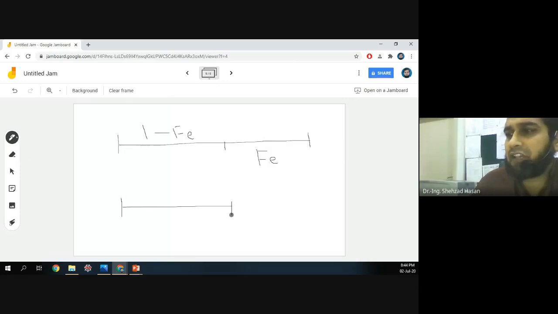However, the 1 minus FE is not going to be reduced, but the other part is reduced by a factor of speed up enhanced. So that would be fraction enhanced over speed up enhanced, and the other part would be the same, 1 minus FE.